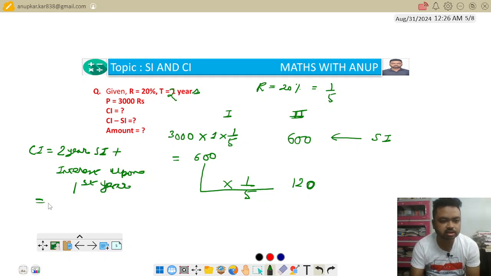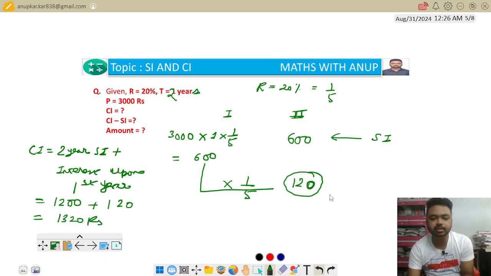So 2 साल का simple interest कितना हो गया? 600 plus 600, 1200 plus interest upon first year is this one, 120. So which is equal to 1320 rupees. Okay, I hope it is clear.